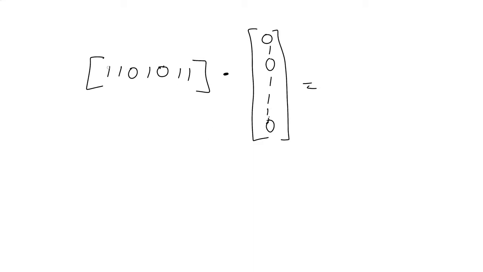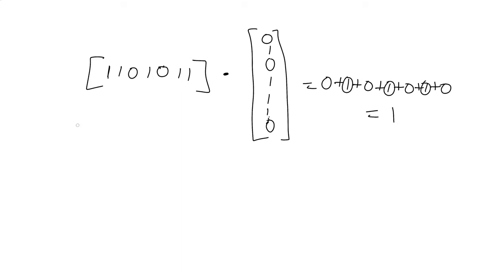Well, it's going to be 1 times 0, which is 0, plus 1 times 1, which is 1, plus 0 times 0, which is 0, plus 1 times 1, which is 1, plus 0 times 1, which is 0, plus 1 times 1, which is 1, plus 1 times 0, which is 0.